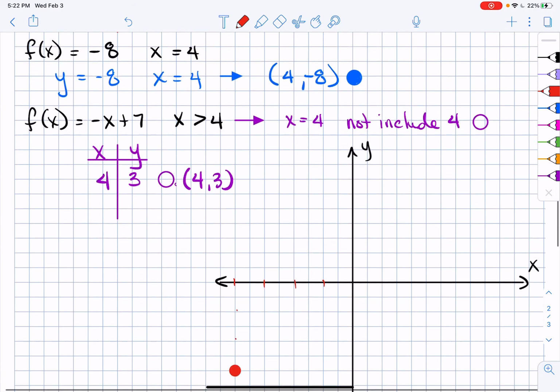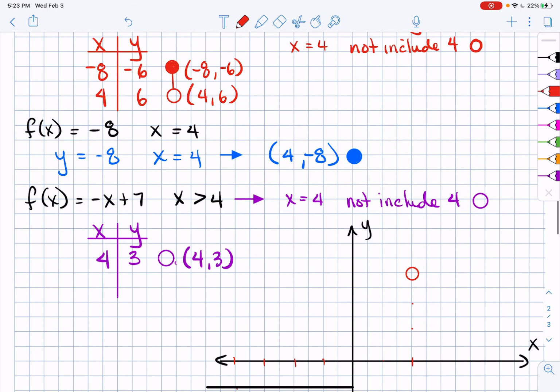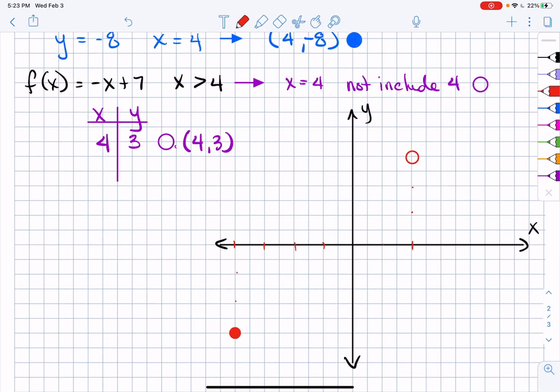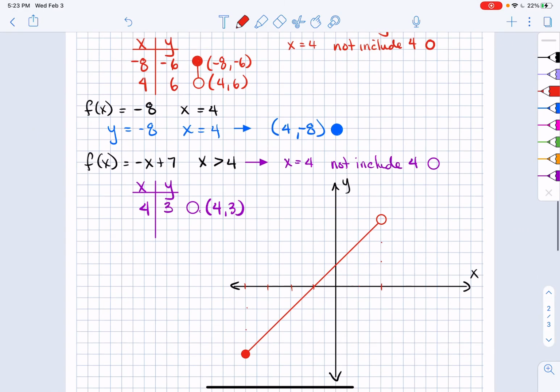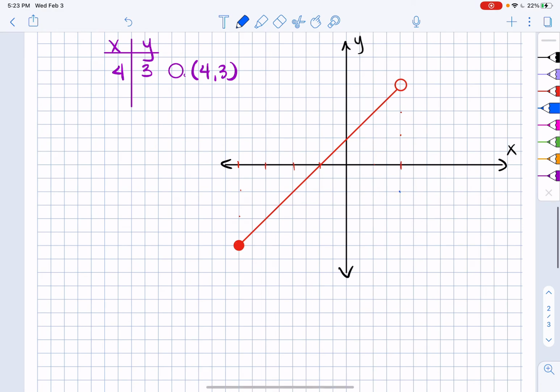And then 4, 6, 2, 4, 6, I'm going to have an open circle. Okay, and I said that there's going to be a line between these two, so therefore I should have a line here to here. There we go. All right, and then I said that there should be a closed circle at 4, negative 8. So here's 4, negative 8, 2, 4, 6, 8.